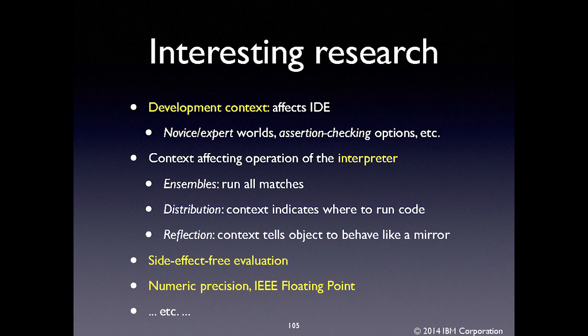Or we could use different dimensions to do sort of meta-level stuff and affect the interpreter. I could say, if you find multiple slots, run them all in parallel and give me back a bunch of the results. Or, if it's distribution, where to run the thing.